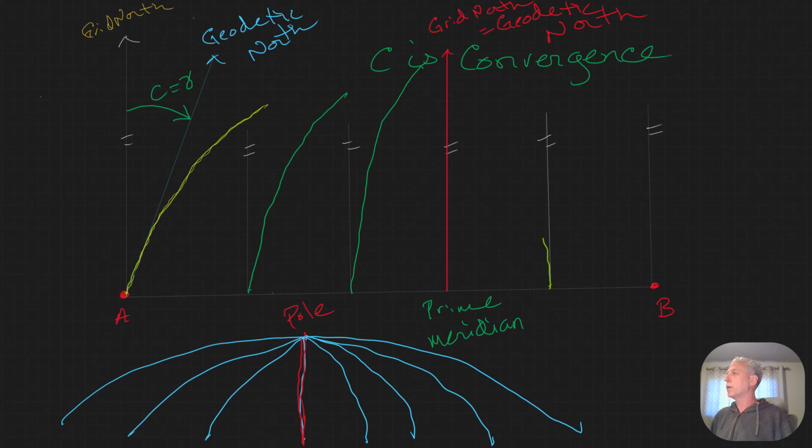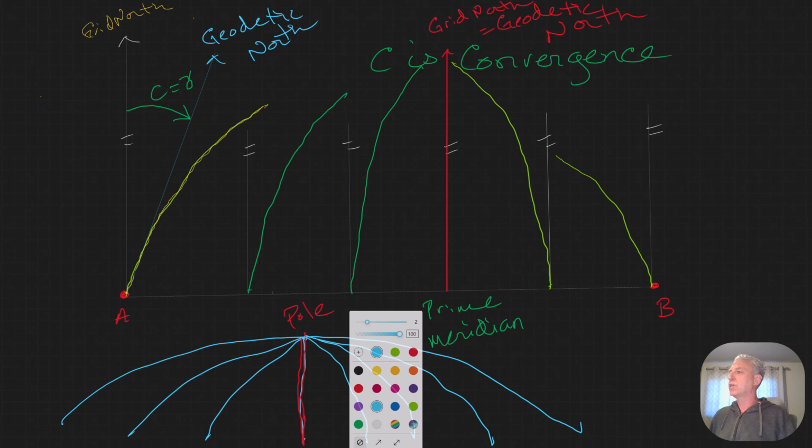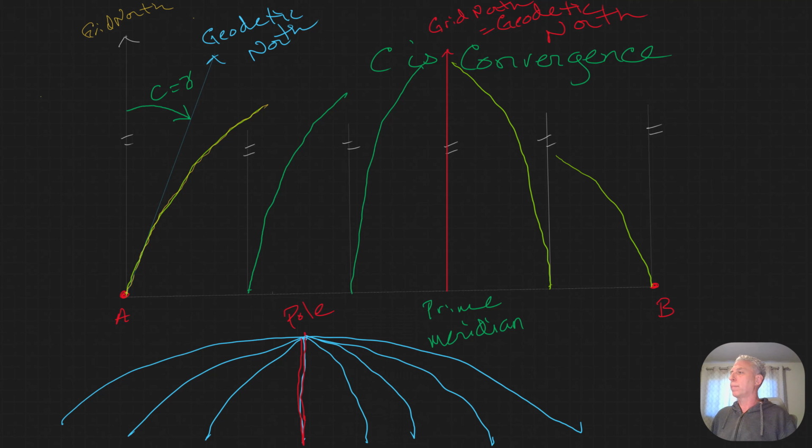So then over here, the geodetic north lines start going the other way and increasing in steepness. Hopefully your sketch is better than mine, but in each of these positions along the way, we have a unique convergence, don't we? Since the angle of that geodetic north to the grid north changes, so does the convergence.